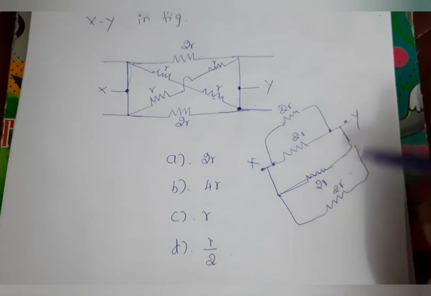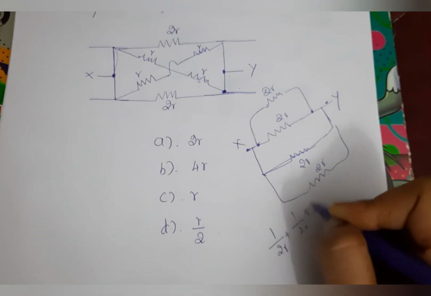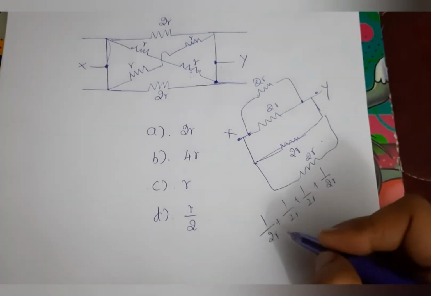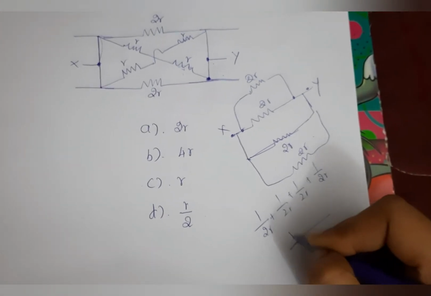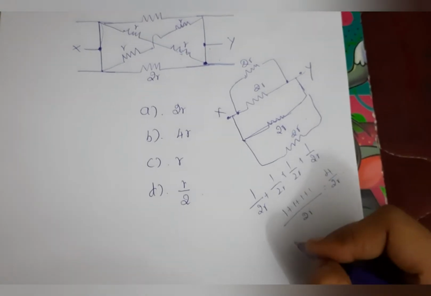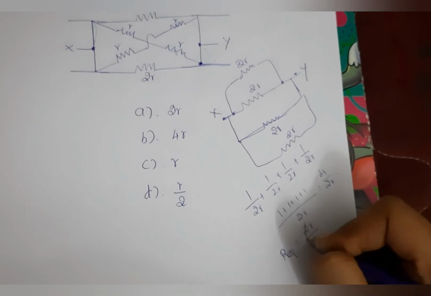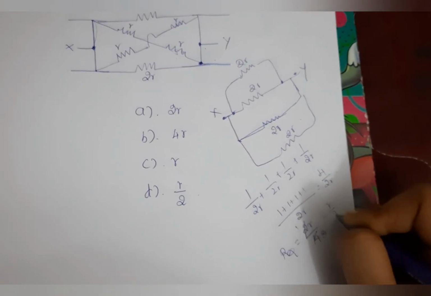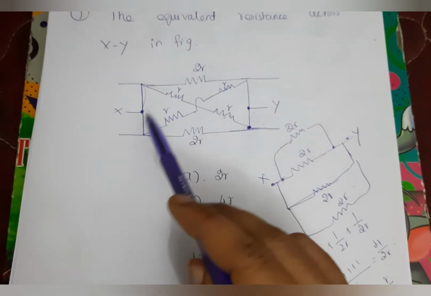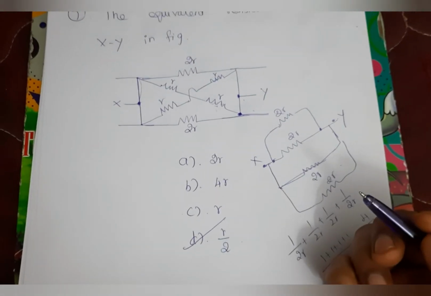So now all are parallel connection, so we get 1 by 2R plus 1 by 2R plus 1 by 2R plus 1 by 2R, and this becomes 1 plus 1 plus 1 plus 1, that is 4 divided by 2R. So R equivalent is equal to 2R divided by 4. So the effective resistance across this X and Y is equal to R by 2. So D is the answer here.